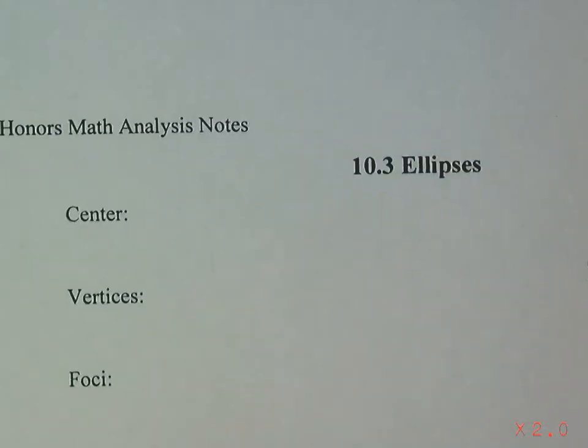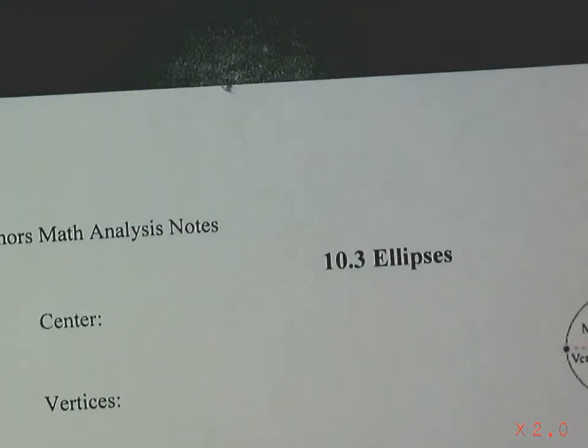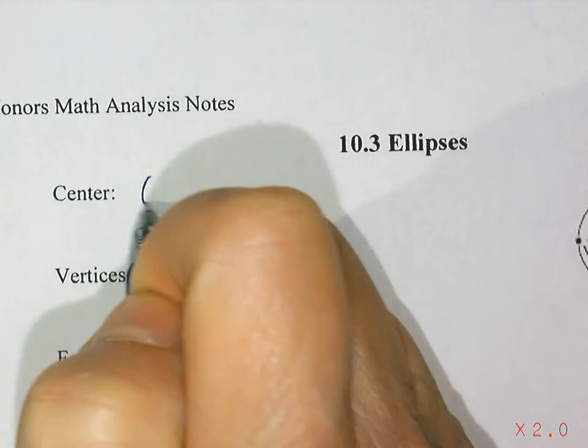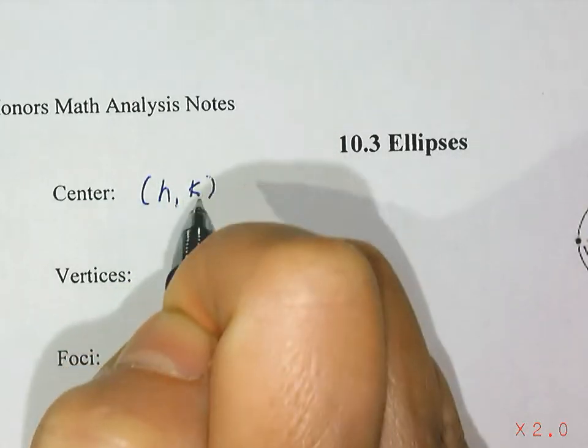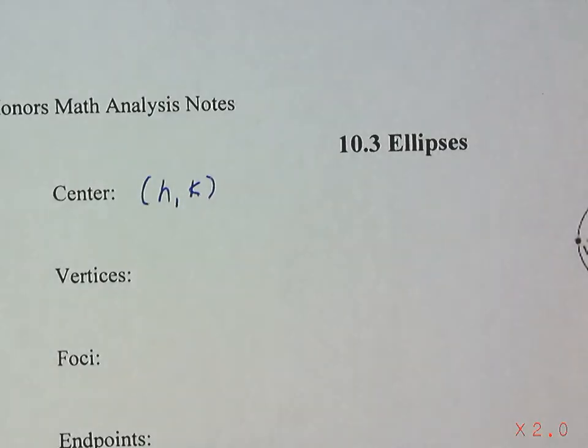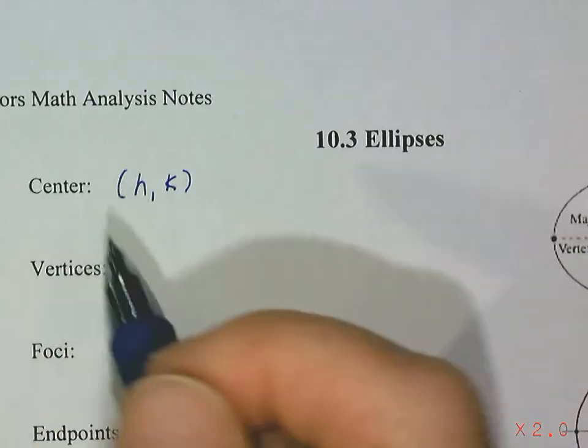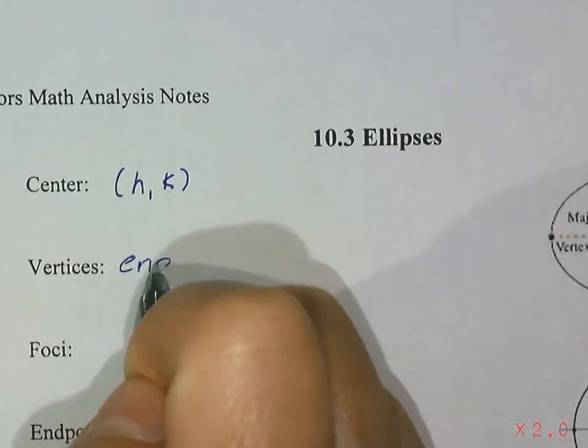So coming back and defining some of these things, the center is always going to be the point (h, k). So the center of an ellipse is the same as the center of a circle, the same as the vertex of a parabola. The vertices are always going to be the endpoints of the major axis.